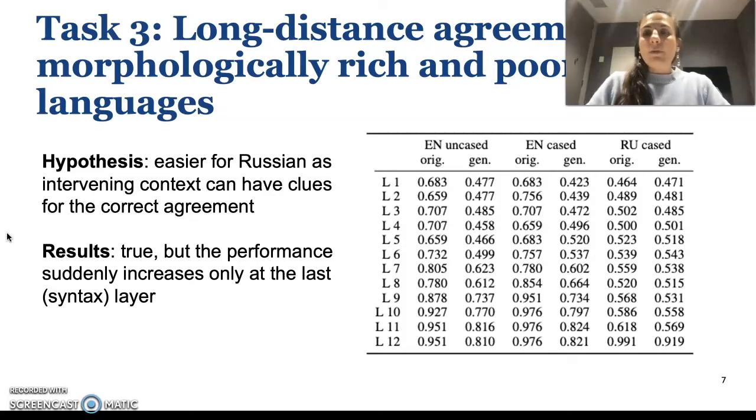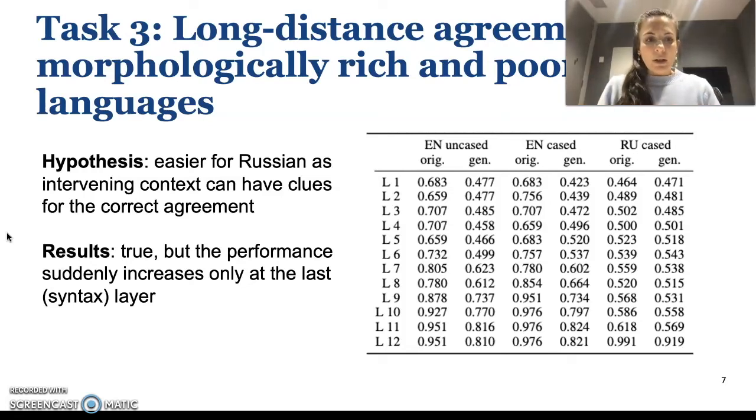So for the next set of tasks, we did masked language prediction, as I mentioned, and we were trying to predict a correct number, and the hypothesis here was it would be easier for Russian because in Russian we mark many words for number, not just verbs, and there is a possibility that the context between the cue and the target word we're trying to predict will include some clues which will have the correct number we need.